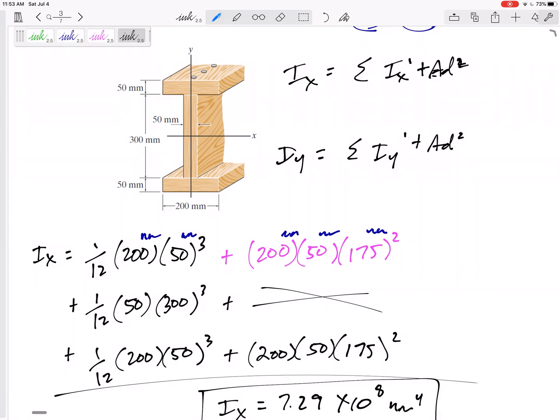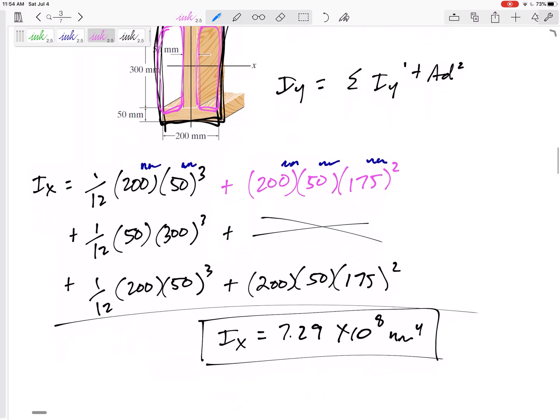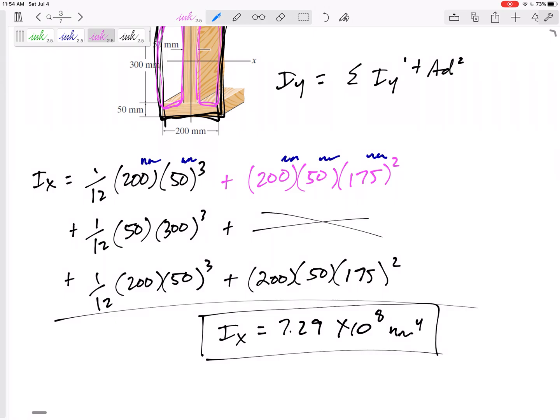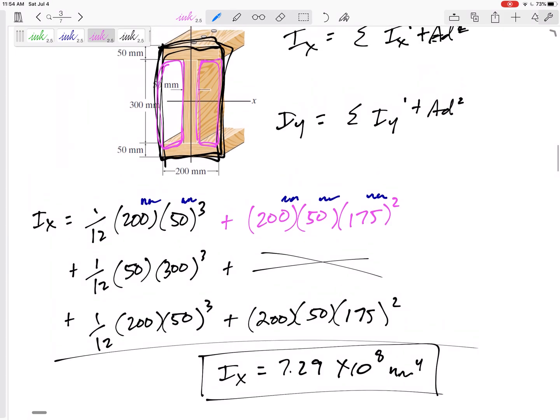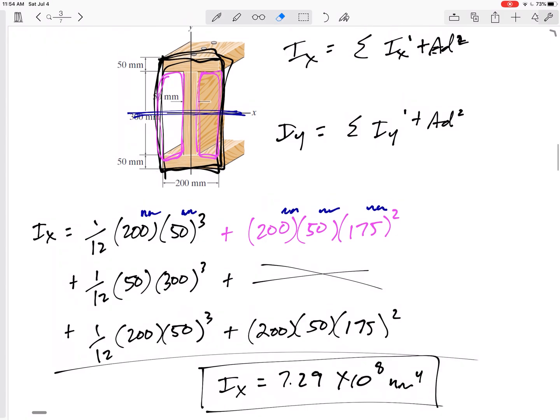So for this one, I could have said this is a large rectangle, and I could subtract out these two rectangles. I would get the same Ix. That one might have been easier because I wouldn't have to use the parallel axis theorem, since for all three of those rectangles, the middle is about the axis I was interested in. That probably would have been quicker and easier if you had seen that. Sometimes you have different methods to get to the same answer.